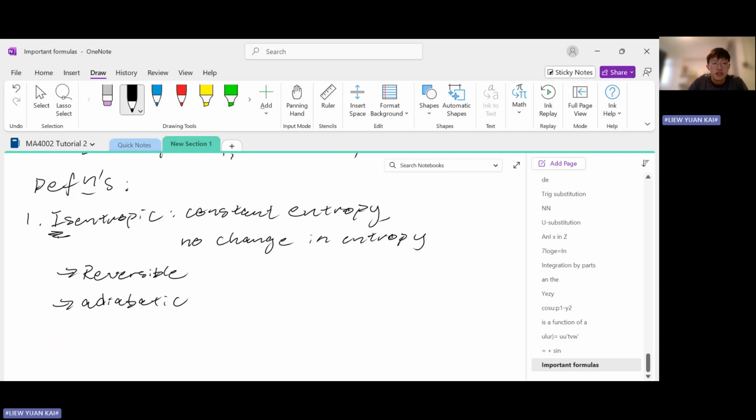The isen part of this word means constant, and entropic means entropy. So constant entropy, or in other words, there's no change in entropy.